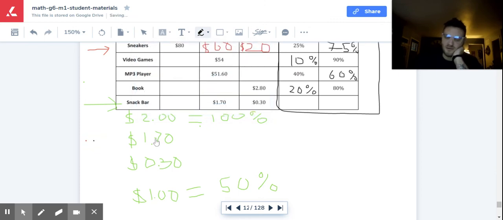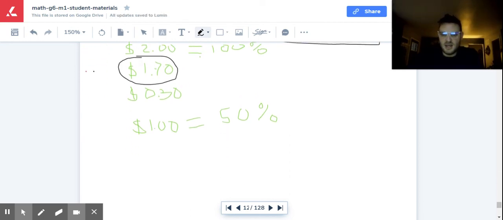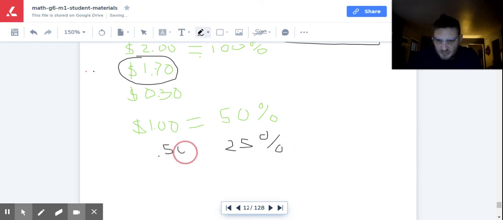So they paid over 50% here. They saved less than 50% here. So let's go ahead and figure that out. So let's cut it in half again. 25%, half of 50%, would have been 50 cents. So that's even less than that.